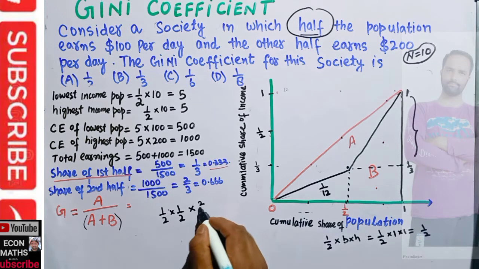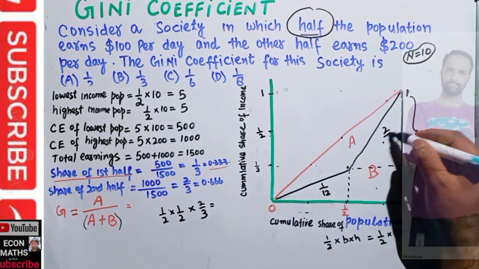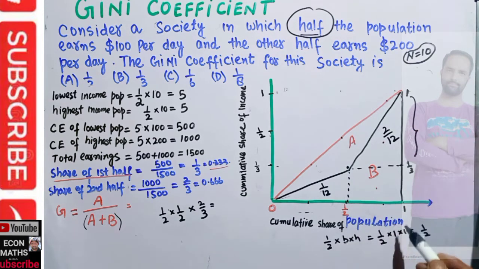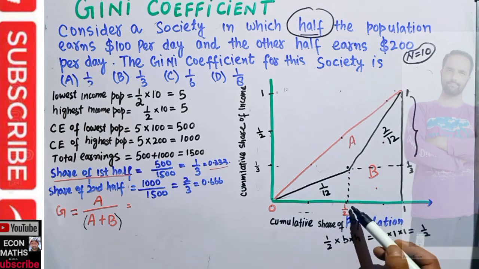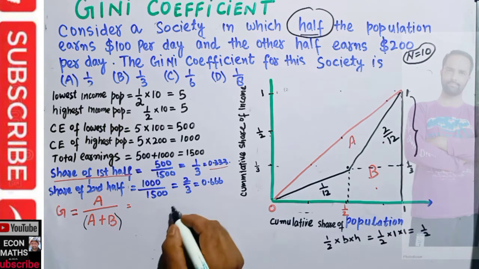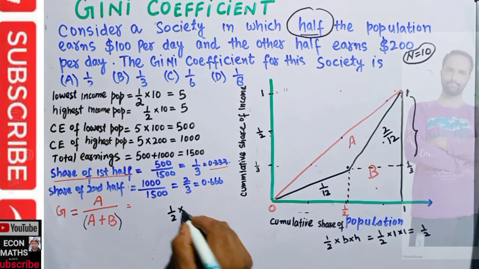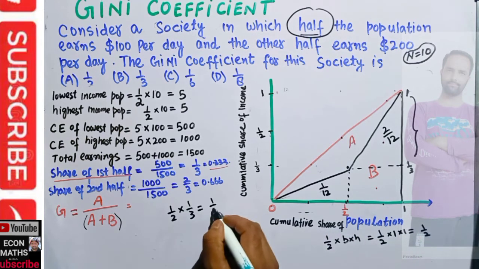So this comes out to be 2/12. And the area of this rectangle is simply length into breadth. The length is 1/2 and breadth is 1/3, so this is 1/6.